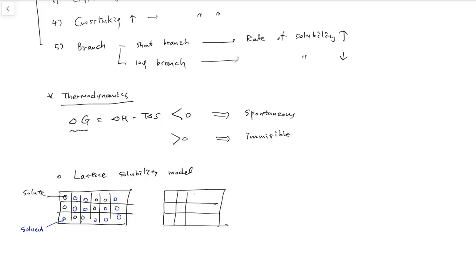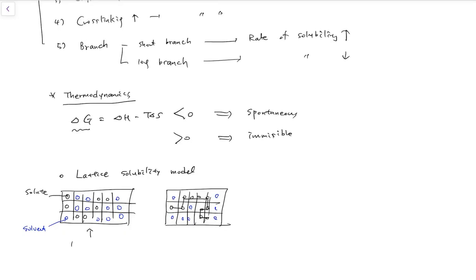For polymers, we also need to consider that polymers are basically connected with each other, right? A long chain, and then the solvent. If this is the case of a low molecular weight solute, then for polymers the model should be modified.